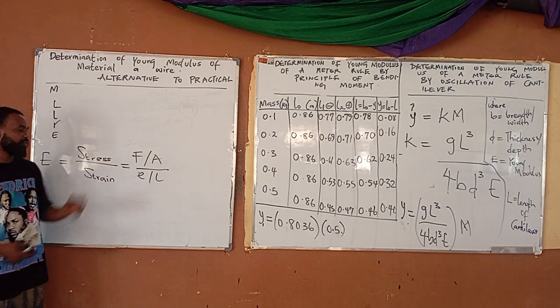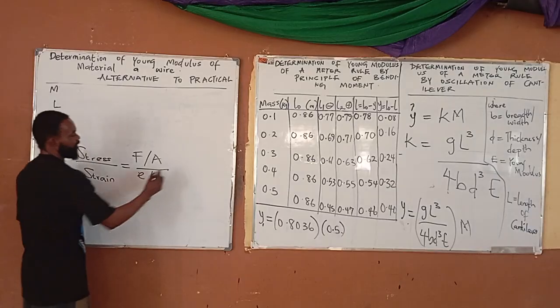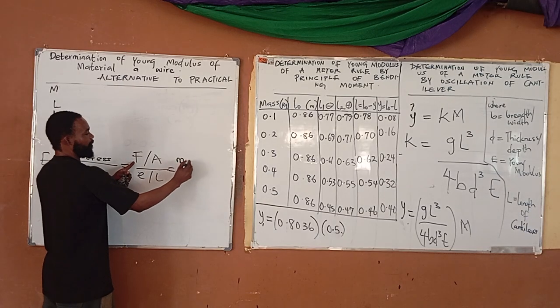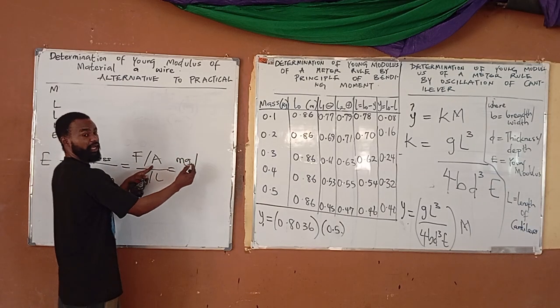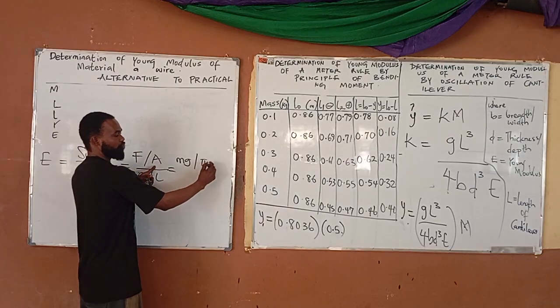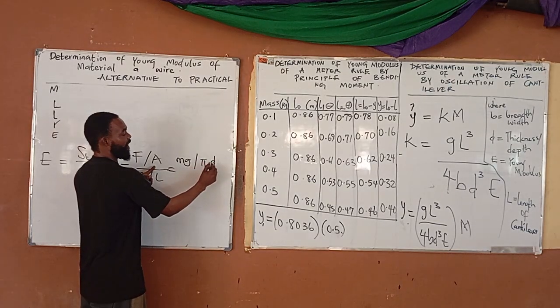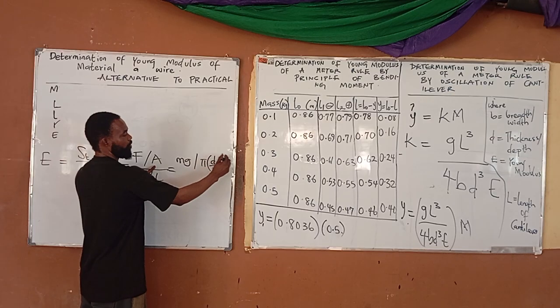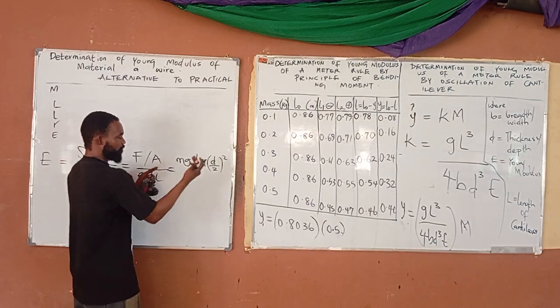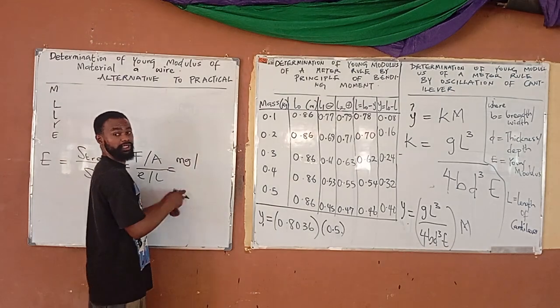So if I know this, the force is mg, and area is pi r squared. Do you know this is the same as pi d over 2 squared? But let's use pi r squared so that we don't complicate things.